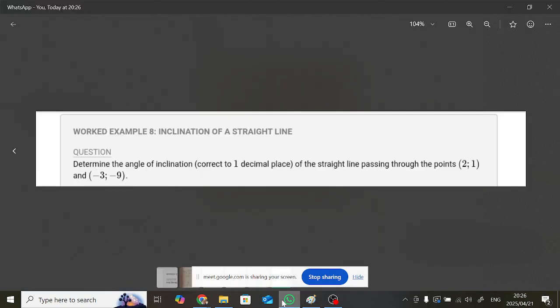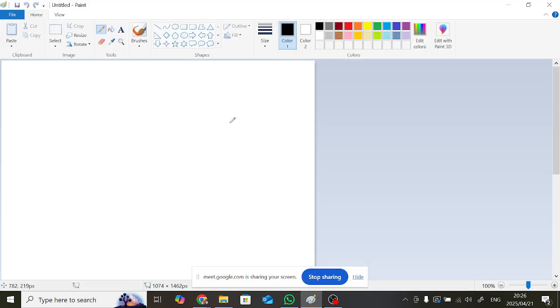Okay, so this question asks us to determine the angle of inclination, correct to one decimal place, of a straight line passing through the points x equals 2 and y equals 1, and -3 and -9. Let me just write that down, these are the 2 points that we have.